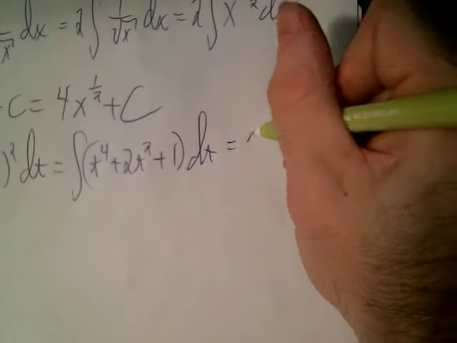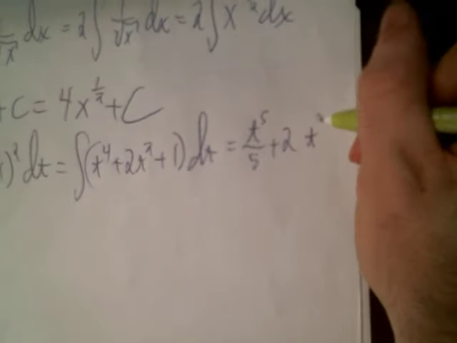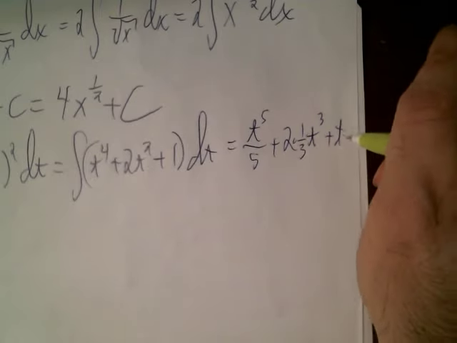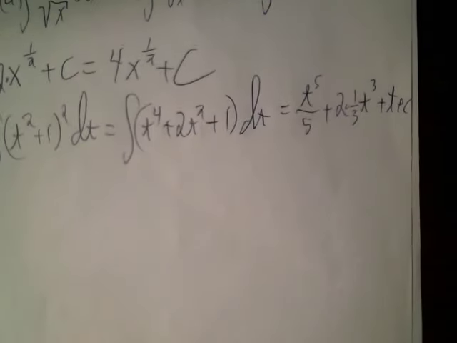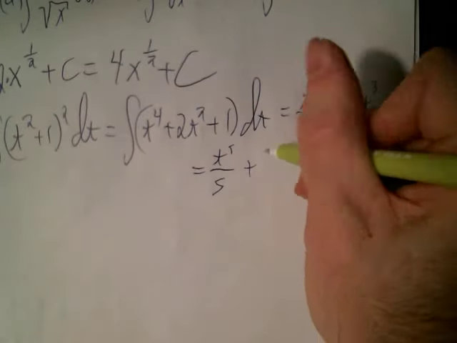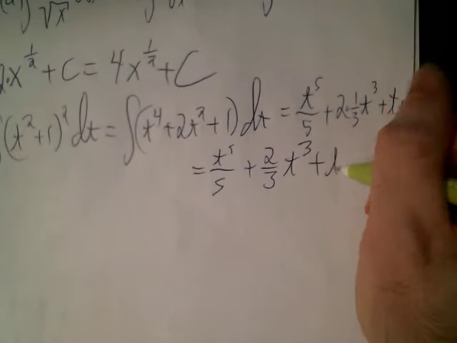So this will be t to the 5th over 5 plus 2t cubed times 1/3 plus t plus c. So t to the 5th over 5 plus 2/3 t cubed plus t plus c.